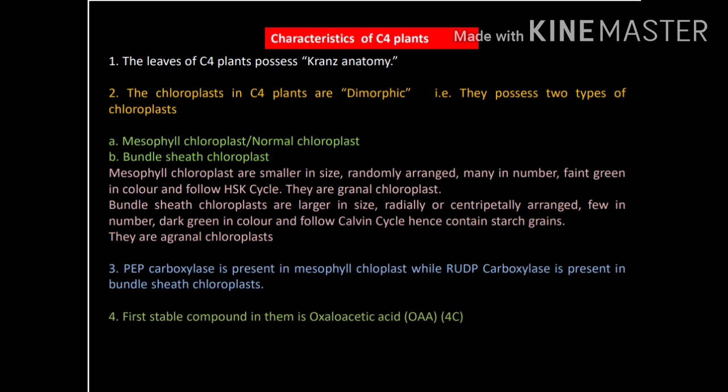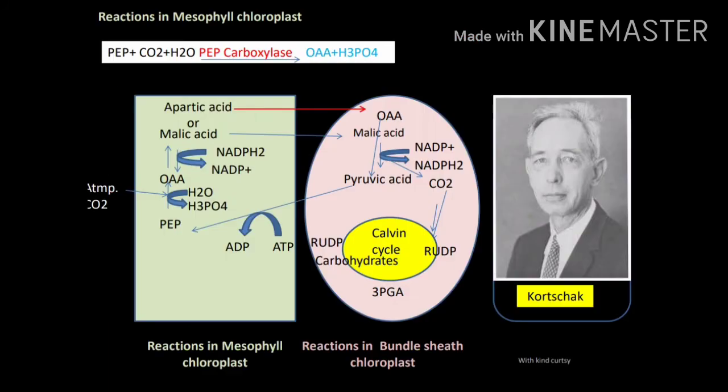A third important characteristic is that PEP carboxylase is present in a mesophyll chloroplast, while RuBP carboxylase is present in a bundle sheath chloroplast. The fourth important characteristic is that the first stable compound in them is oxaloacetic acid, that is the 4 carbon compound.